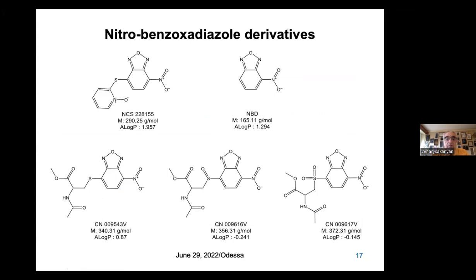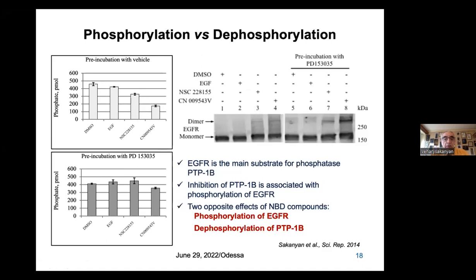So here are new compounds which have been found, detected, and used in our work, which came from scientists in Paris. One of the experiments, which was also very important, showed that this compound can activate EGFR, as I mentioned, but at the same time it can dephosphorylate another protein.